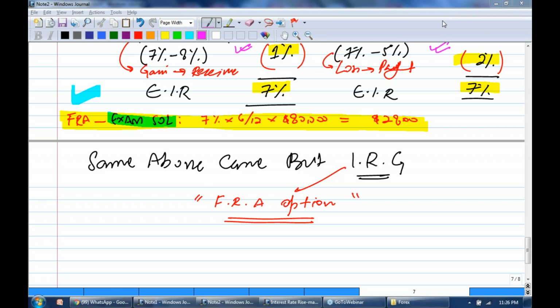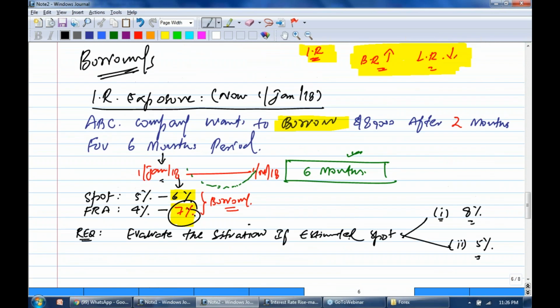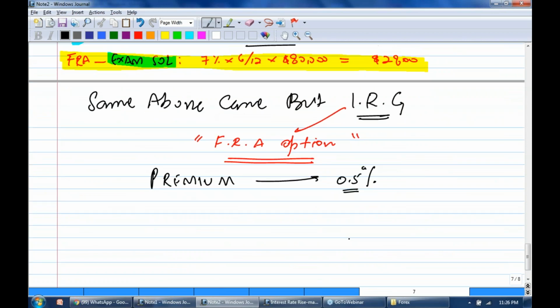So in an option, definitely, if you want to get rid of the loss, you have to pay a premium. For example, the examiner says in this question, same scenario, but a premium of 0.2%. Do remember one thing, in case of an option, there is no loss.